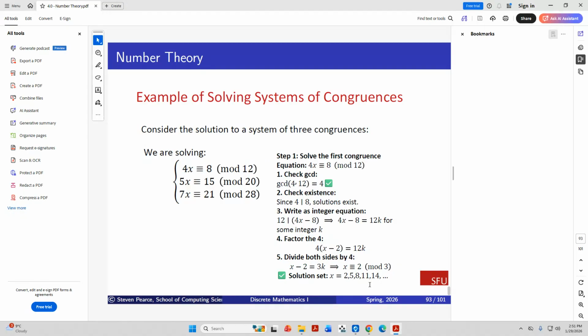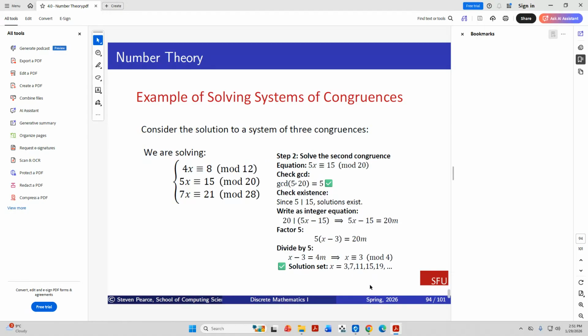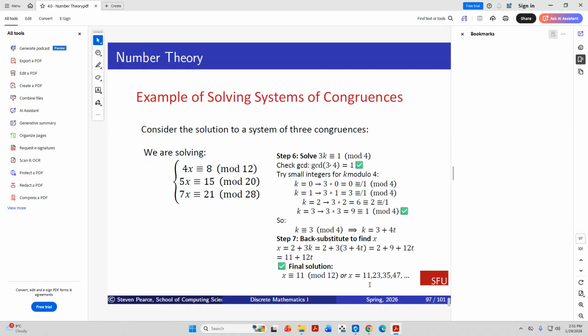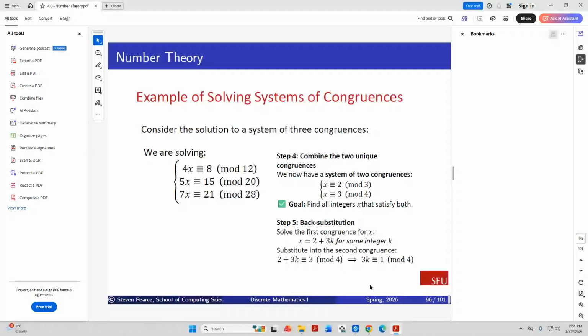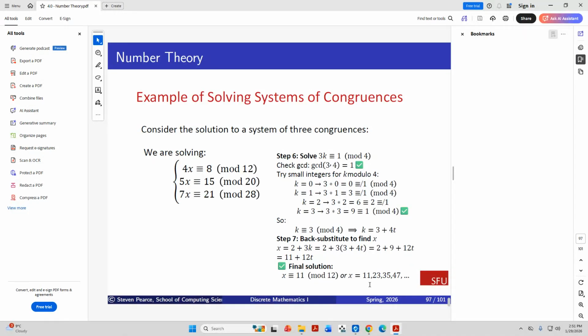Make sure you can do this. Make sure you understand this. This is the kind of thing that is supposed to be an exercise for you to be able to just do it on your own. Make sure you do these 4-step problems. Step 4, 5 is back substitution, and then you solve, and then back substitute to find x and the final solution.